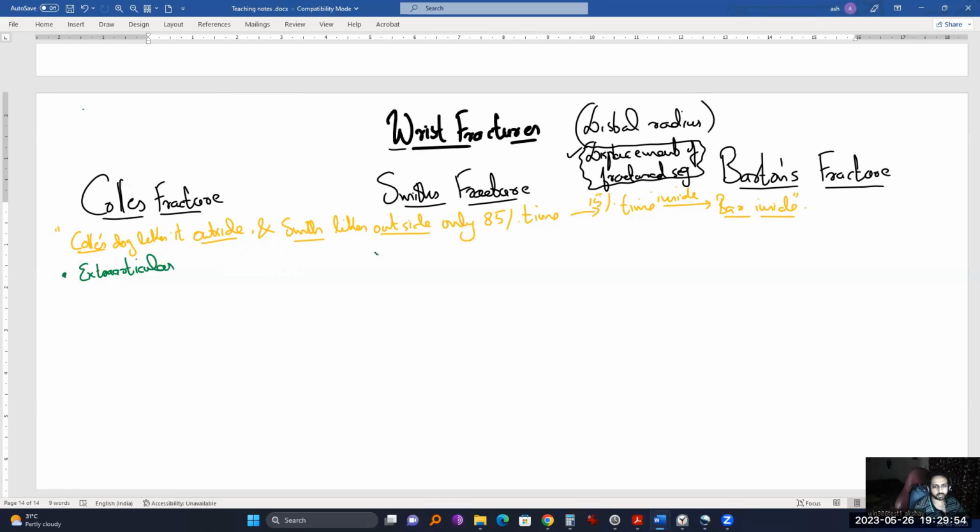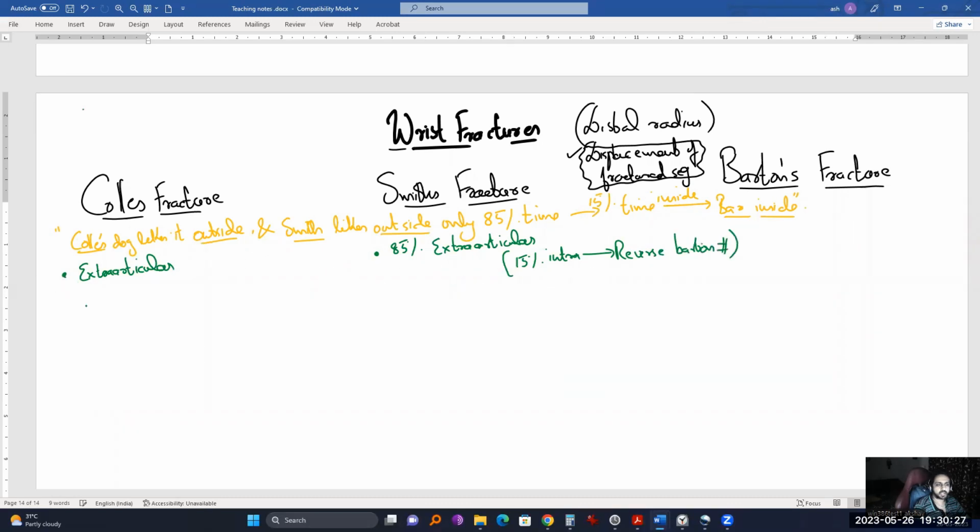Smith's, 85% of the time it is extra-articular, and 15% of the time it's intra-articular. When it is intra-articular, it is called reverse Barton fracture. It's a trivia.